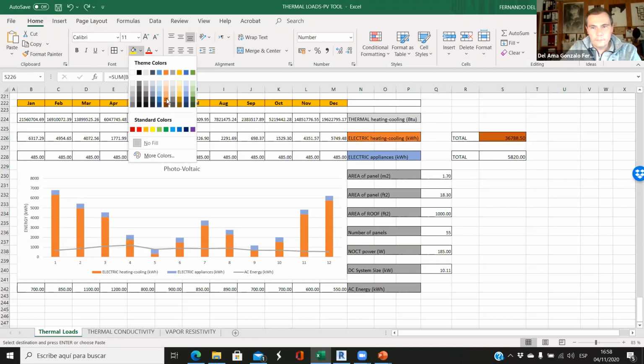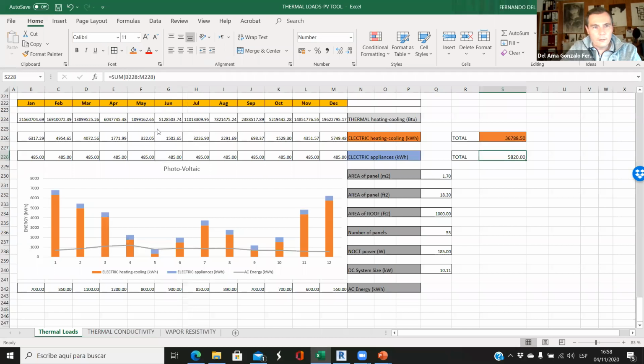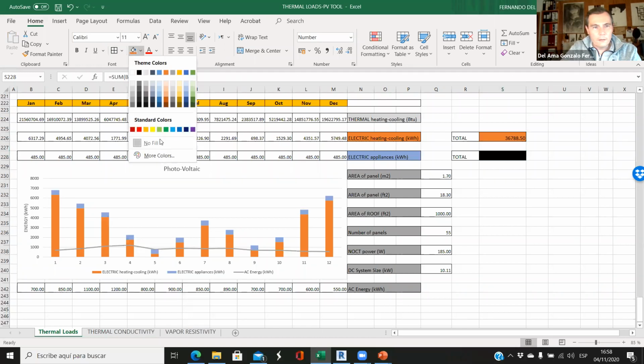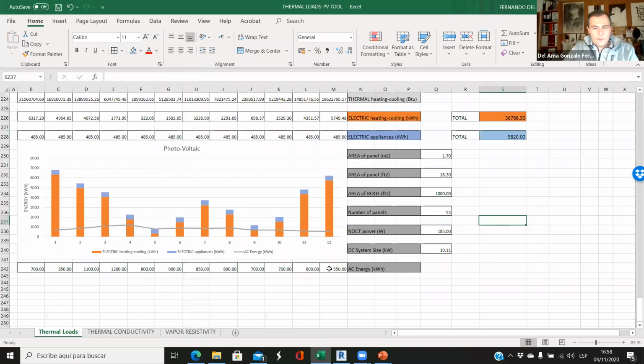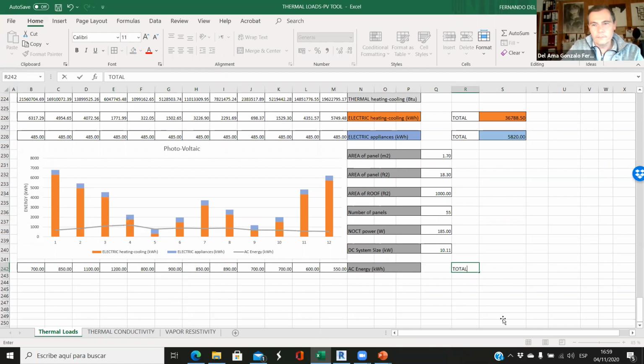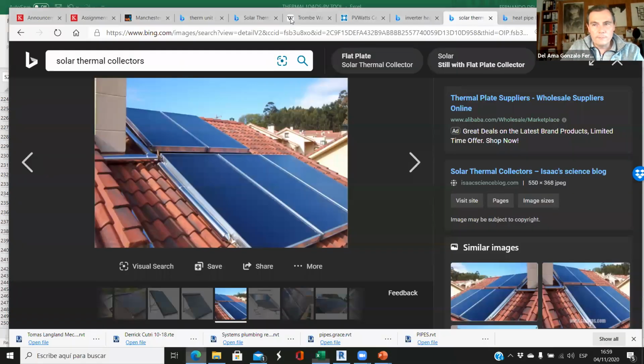Use this color, and here we'll use this color. Okay, and this comes from our PV array. So here we can have the total, and we can find this value in the PV Watts.